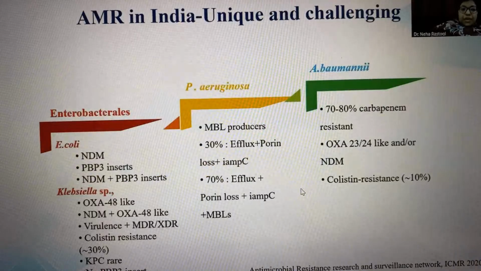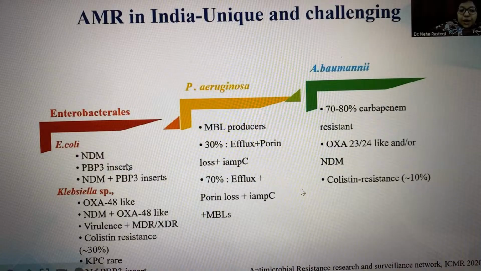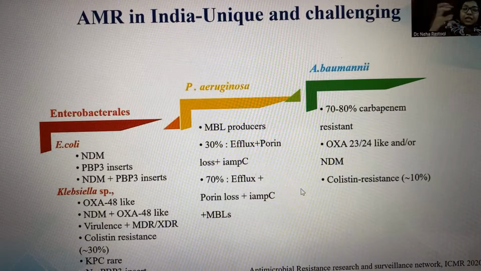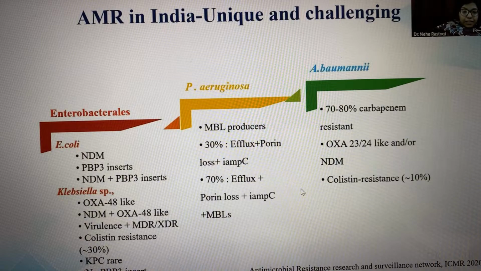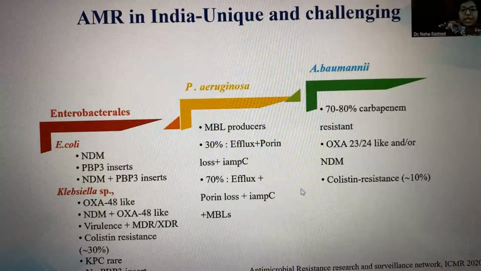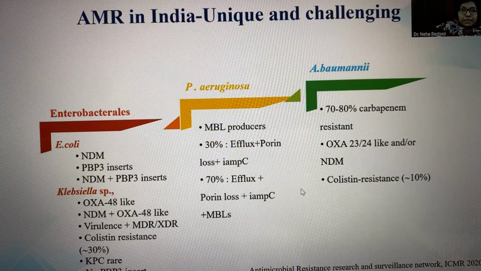We all know that AMR in the Indian context is very unique and challenging. Among Enterobacterales, the most common are E. coli and Klebsiella, followed by Enterobacter and Citrobacter. In E. coli, apart from the routine NDMs, we now have more PBP3 inserts. We have all heard about a lot of colistin use in our thought process, and that is because of this particular mutation.